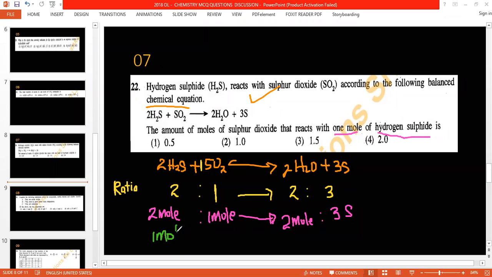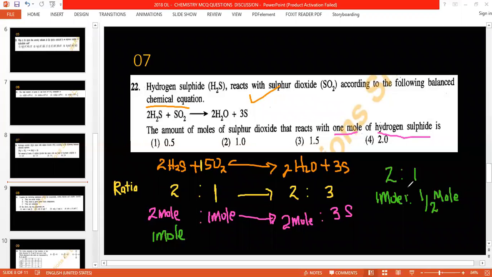If it's 1 mole, then this would be half mole. Which means the ratio between H2S and SO2 is 2 is to 1.